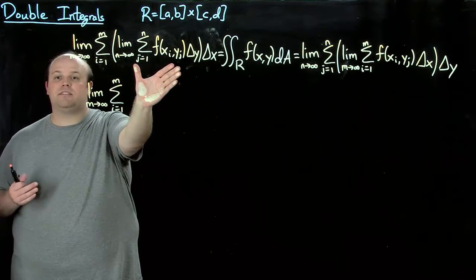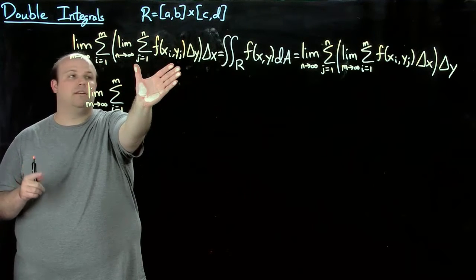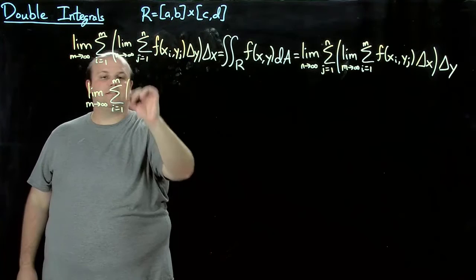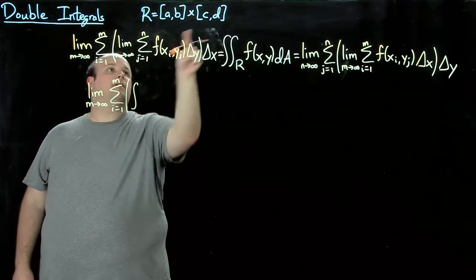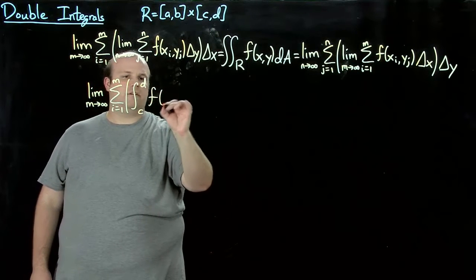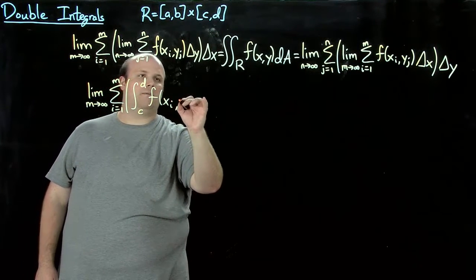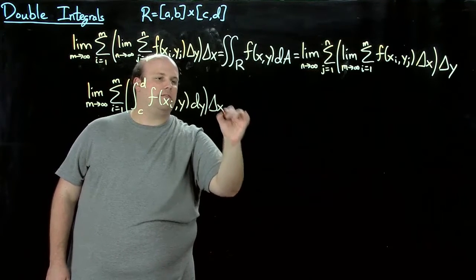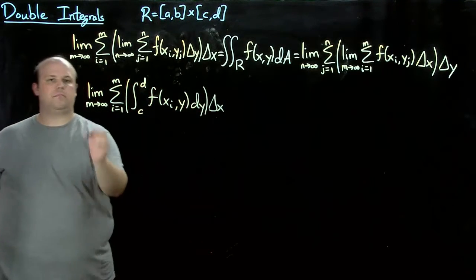Well, it's just the Riemann sum for an integral in one variable, and it happens to be the y variable here. So really this is the integral from c to d of f of x_i, comma y, dy. Then we have delta x out here.